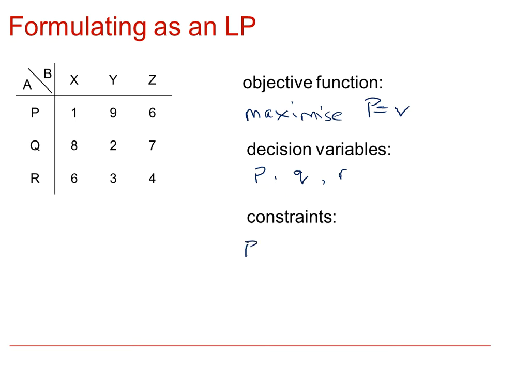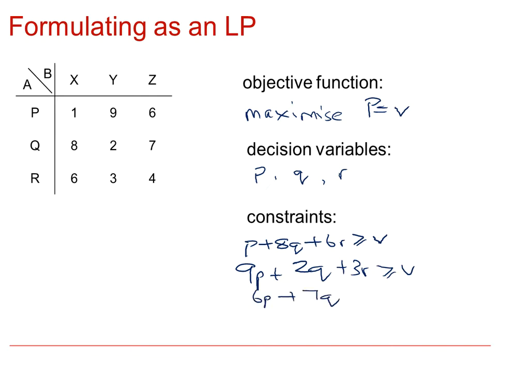So we can say that p plus 8q plus 6r is going to be greater than or equal to the value of the game, that 9p plus 2q plus 3r is greater or equal to V, that 6p plus 7q plus 4r is greater or equal to V. We also remember that we had that p plus q plus r, and I'm going to say here less than or equal to 1.